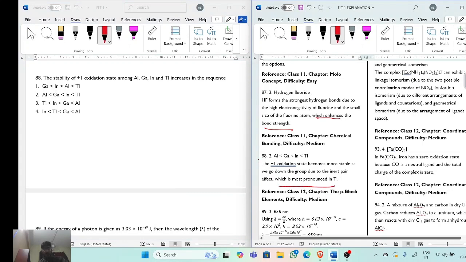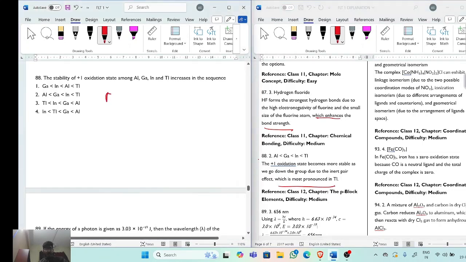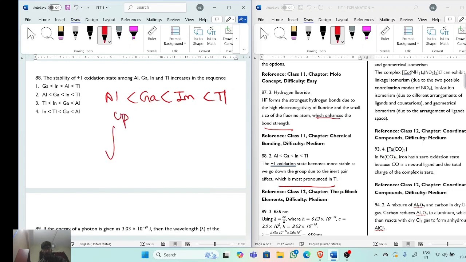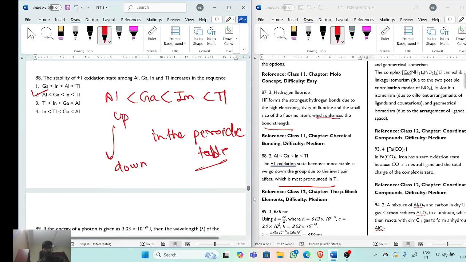So the stability will be aluminium, then gallium, then indium, then thallium, because due to the inert pair effect the stability increases as we go down the periodic table. So option number 2 is our correct answer.